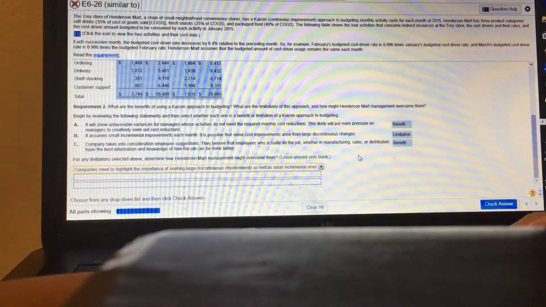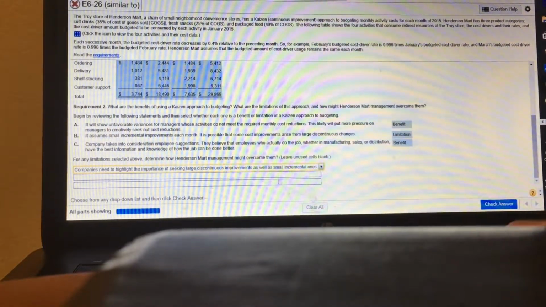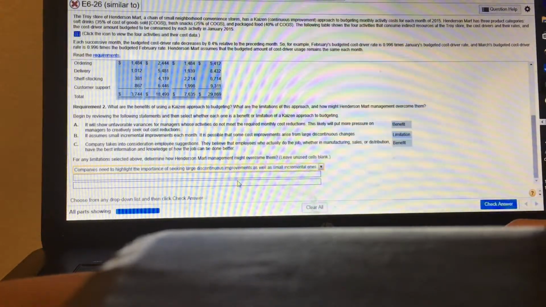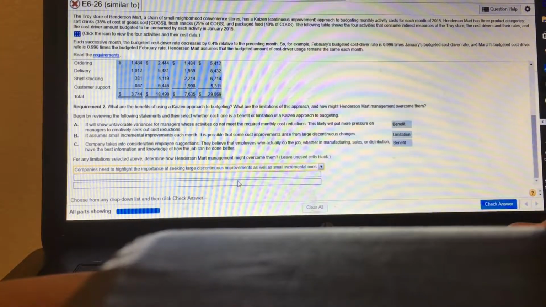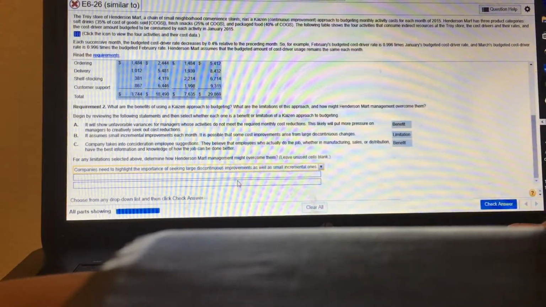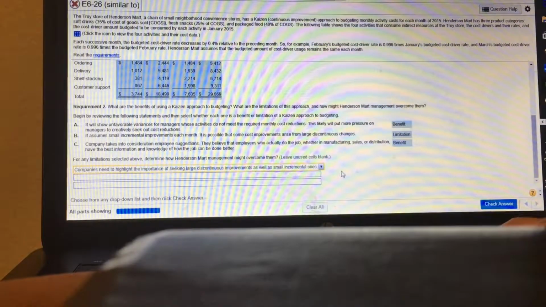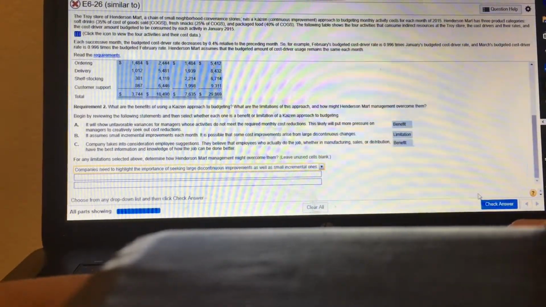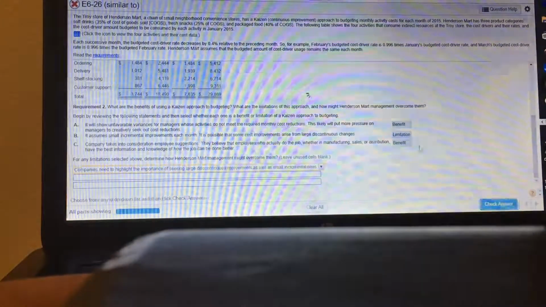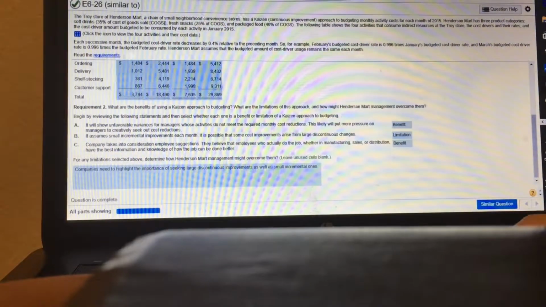Now this one goes with B because Henderson Mart management needs to highlight the importance of seeking large discontinuous improvements as well as small incremental ones. By doing so, this will help the company to become better. Let's see if it is correct. And that is how you do 6-26.